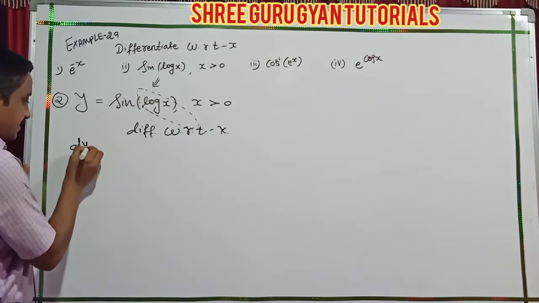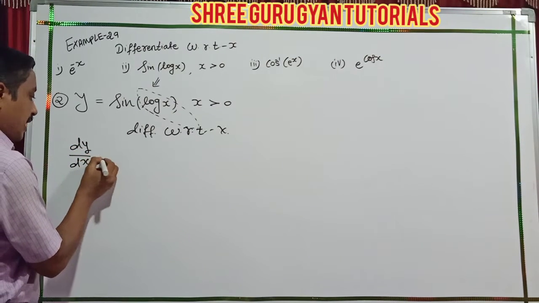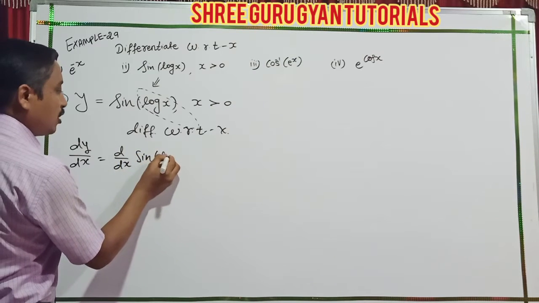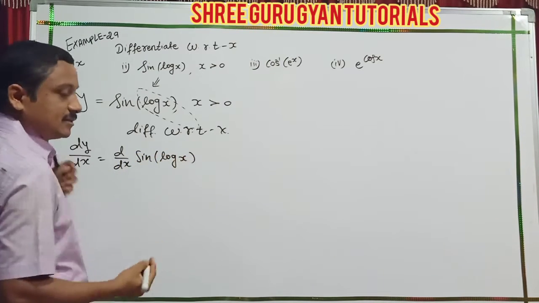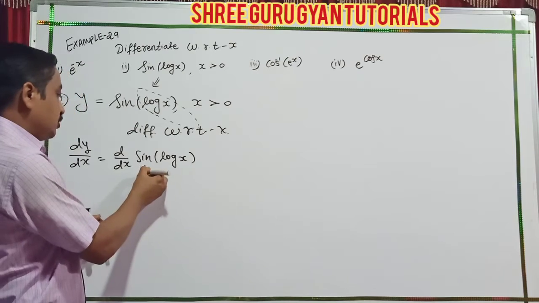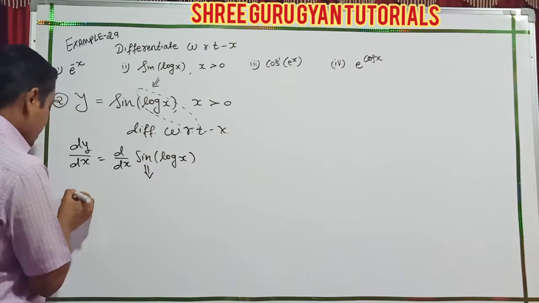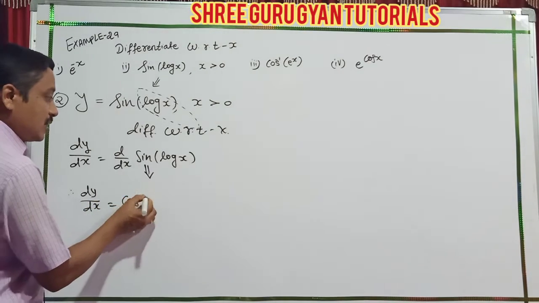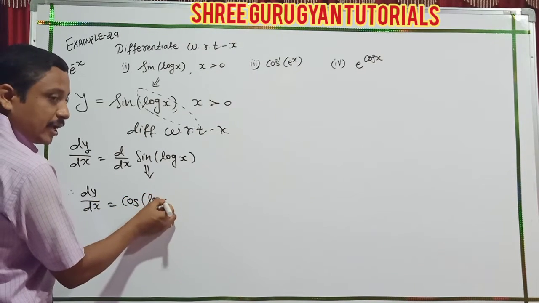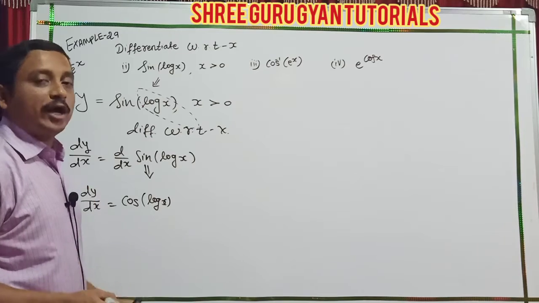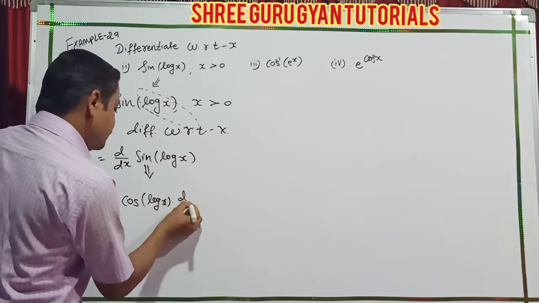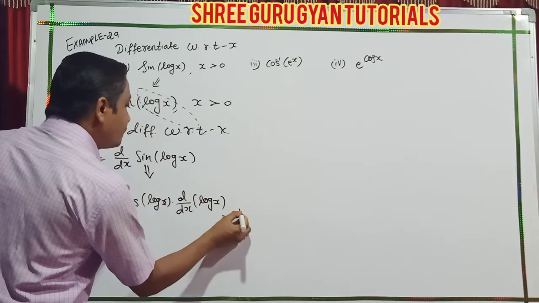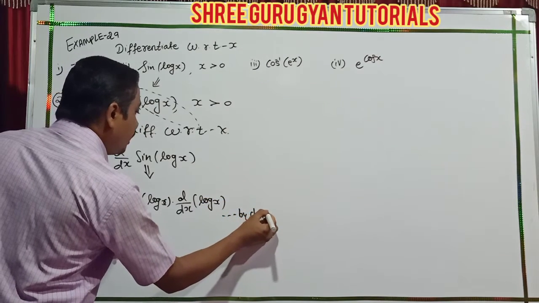So dy by dx, I am taking here d dx of sine of log x. First of all students, read out the sine derivative. How much? Yes, the sine derivative is cos, and log x stays as it is, times d dx of log x by our chain rule.